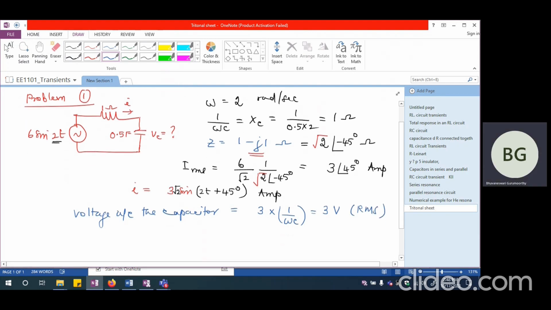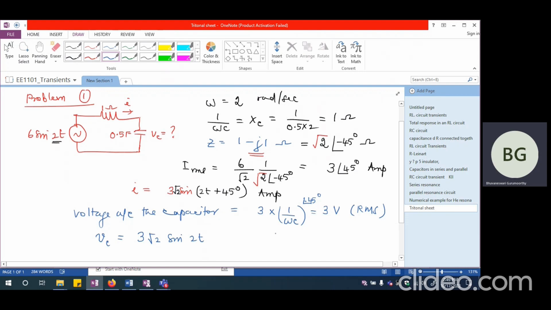But if I want it in terms of instantaneous value, that is going to be 3 root 2 multiplied by sine of 2t, and this is 1 by omega c angle 45 minus 45, right? So the voltage is going to actually lag behind the original current value.